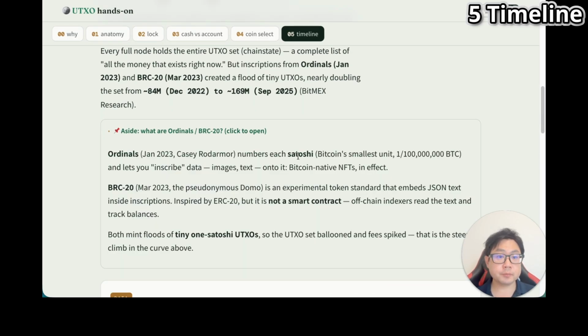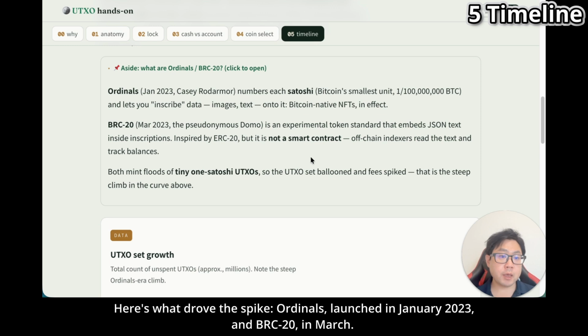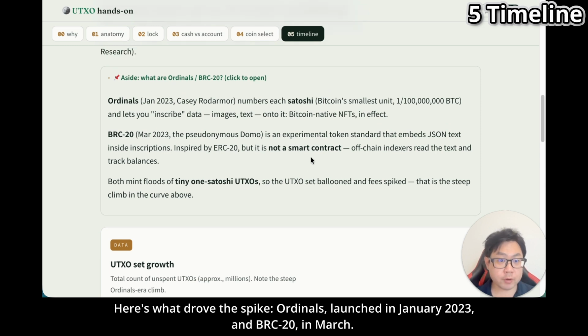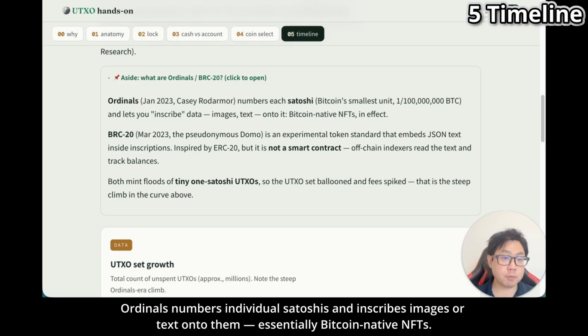And here is what drove the spike. Ordinals launched in January 2023 and BRC20 in March. Ordinals numbers individual satoshis and inscribes images or text onto them, essentially Bitcoin native NFTs.